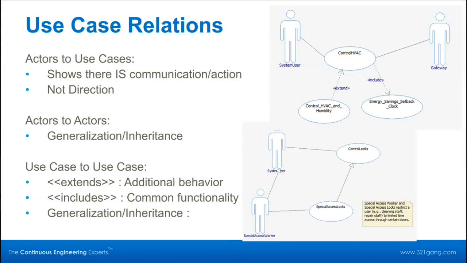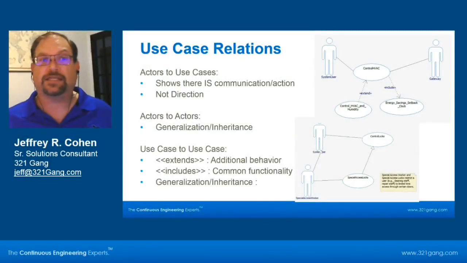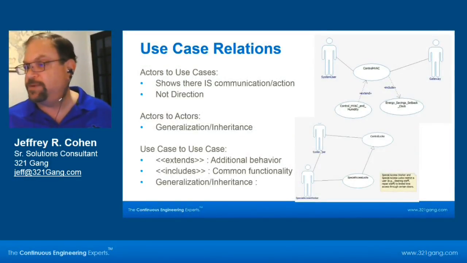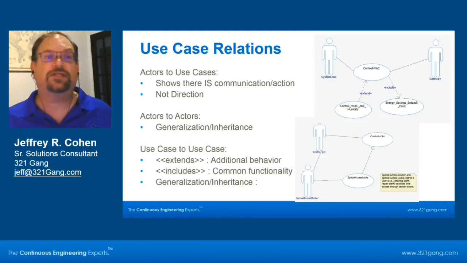Use cases have a bunch of different types of relations. I've put it all on this one slide so that you can think of it in context. The first one is between actors and use cases. This relation here just shows communication. In the old days, we used to show arrowheads. We've stopped doing that for a couple of different reasons.